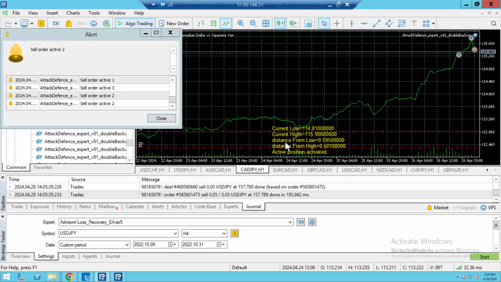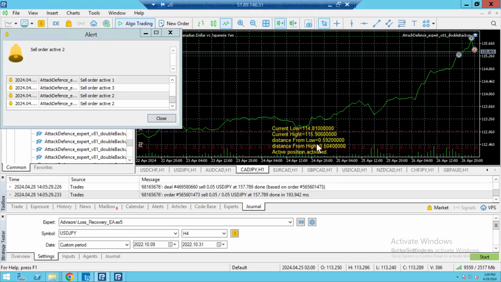And then it tells us the distance from low. As you can see, the distance from low is 0.595. The distance from high is 0.503. So currently, even though the price is in the middle, the current price is nearer to the high than to the low by about 0.09.